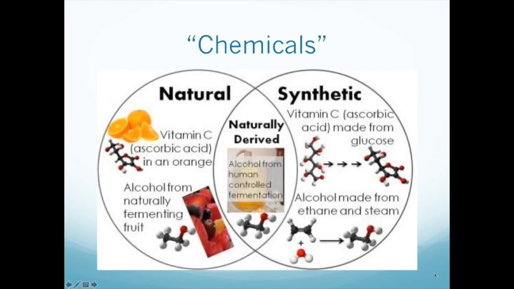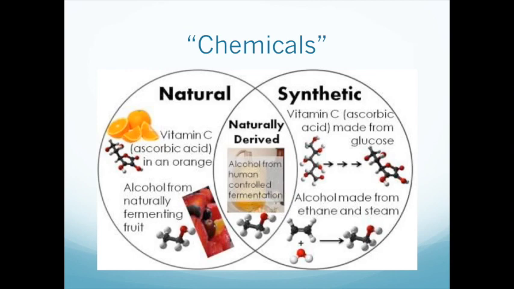And this is a fun little Venn diagram which shows the same two molecules made by both natural and synthetic methods. So you have vitamin C, which is naturally occurring in oranges. It's also known as ascorbic acid. And alcohol, which occurs in naturally fermenting fruit. Now you can have the synthetic version of that, where vitamin C is made from glucose in a lab, or you can have a fully synthetic pathway for alcohol where it's made from ethene and steam.